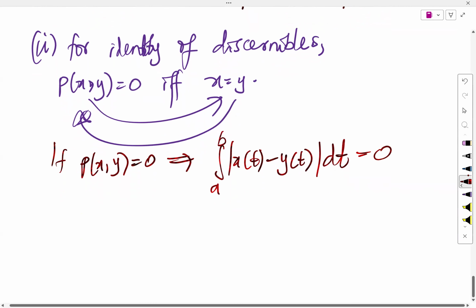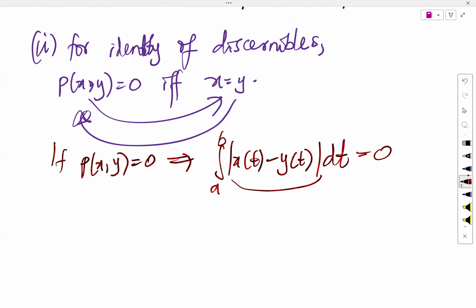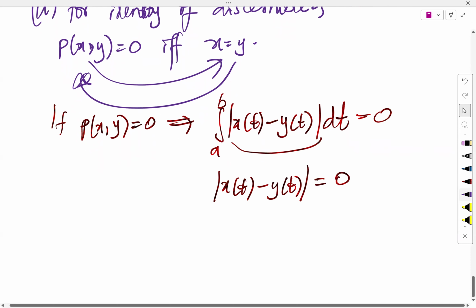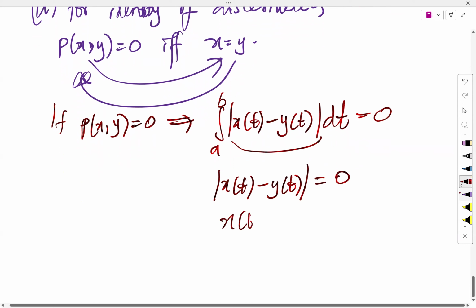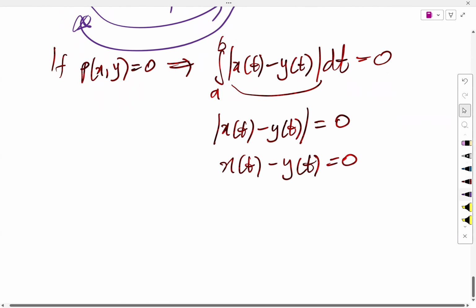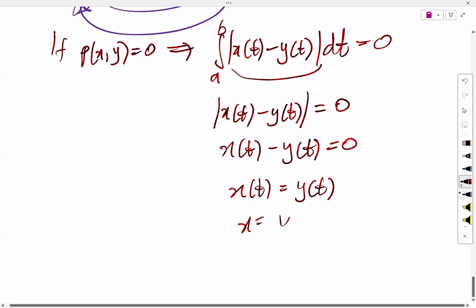What this simply means is that the very core here is actually 0. So that means the absolute value of x(t) minus y(t) is equal to 0, and that means x(t) minus y(t) is equal to 0. That means x(t) is equal to y(t), and that simply means that x is equal to y. So starting from here, you have come to this point.